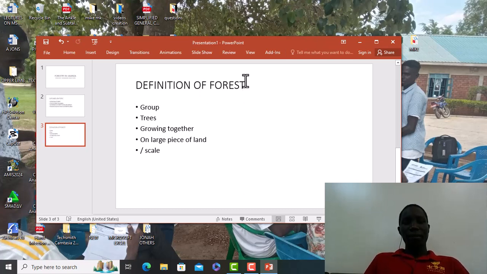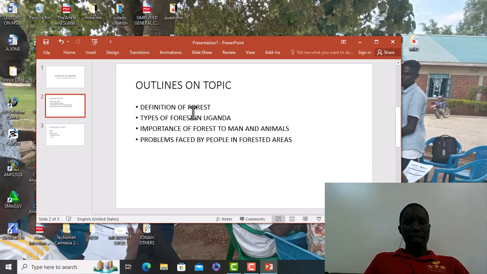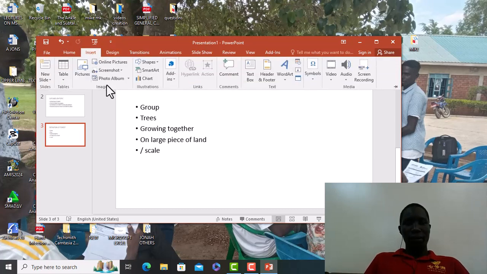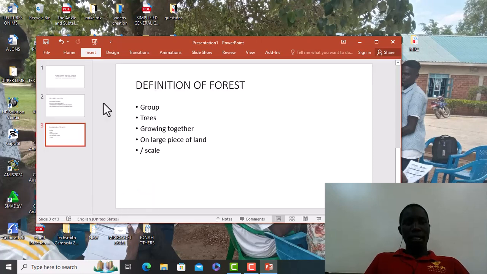So the next one, we check from here. The first slide is the definition. Second is types of forest. We come back, we go to insert. This will insert our new slide.